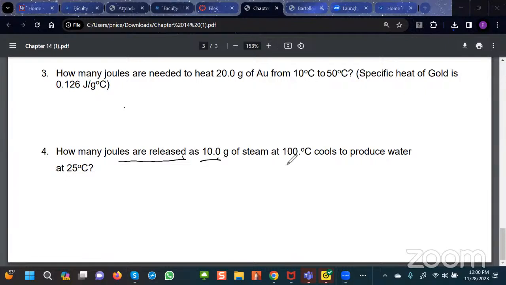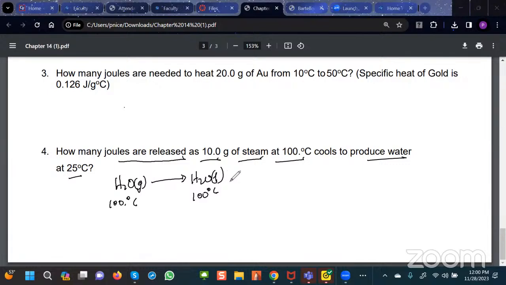It gives you the mass. It gives you the fact that steam is at 100 degrees Celsius, and it produces water at 25 degrees Celsius. So how would you approach this? Let's say you start with H2O gas at 100 degrees Celsius, right? And then it cools to H2O liquid, but the temperature is still 100 degrees Celsius, right?